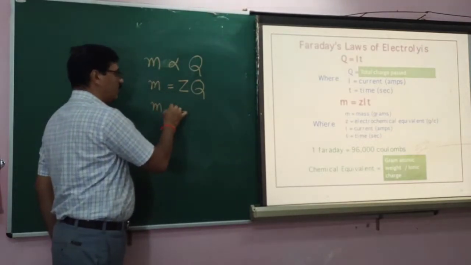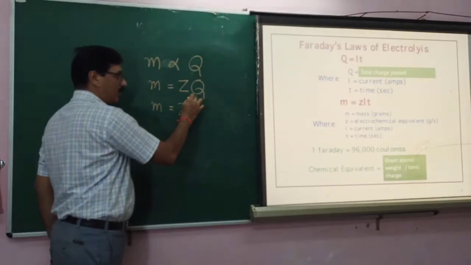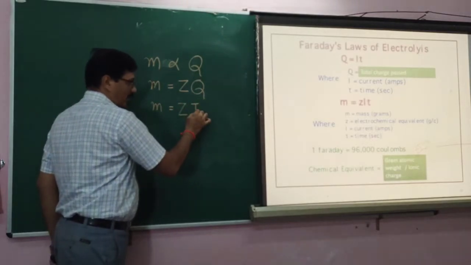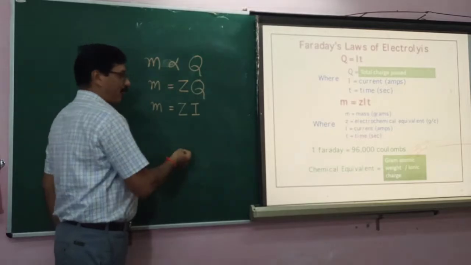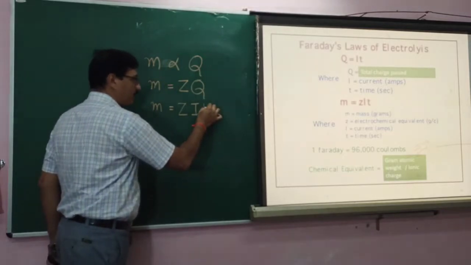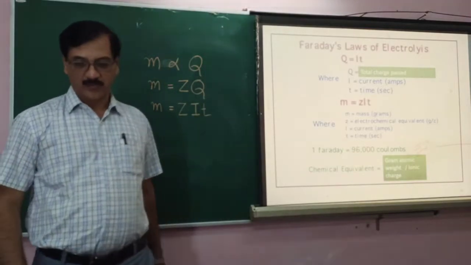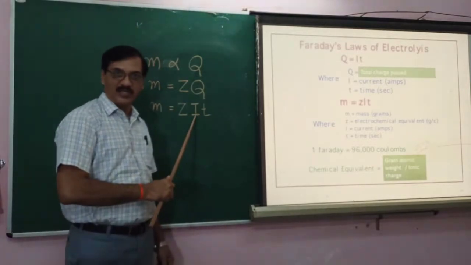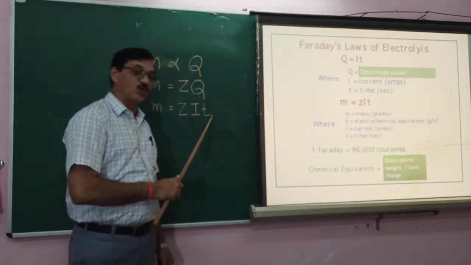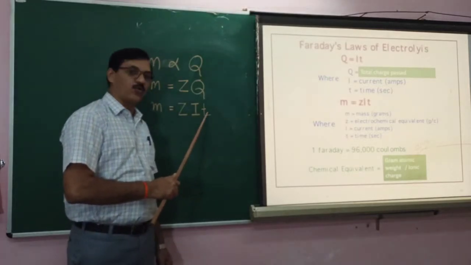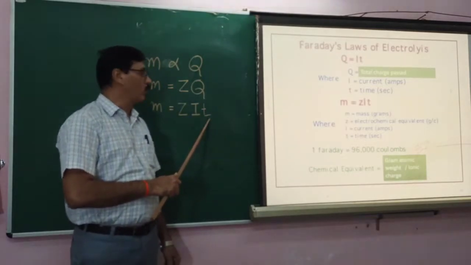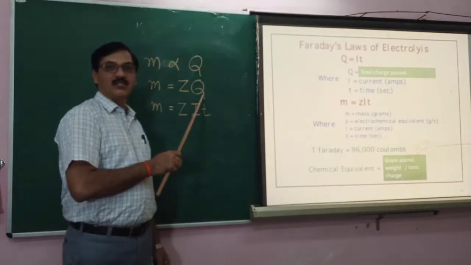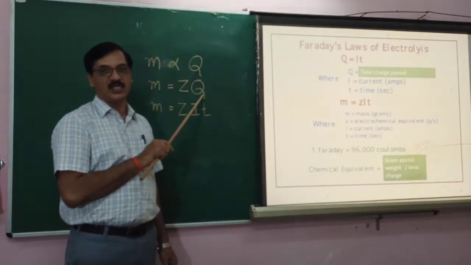And also we know that charge is nothing but current in amperes and time in seconds. So if 10 amperes of current is passed for 10 seconds, 10 into 10 will give 100 coulombs of charge passing through.